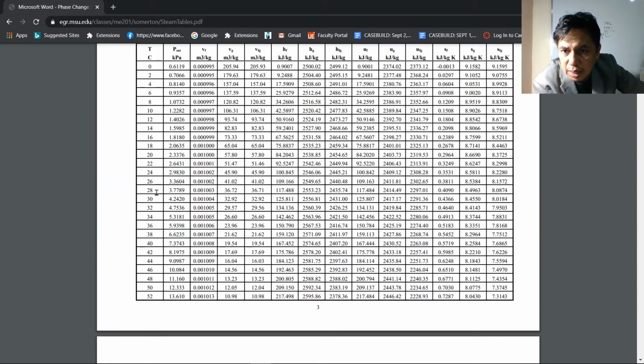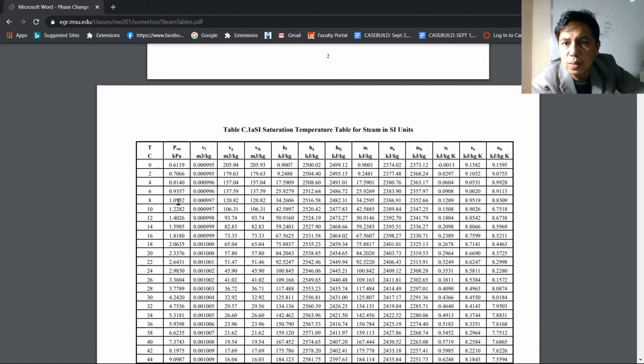Saturation at 30. So we will look at 30 degrees centigrade. Wait, is this centigrade?